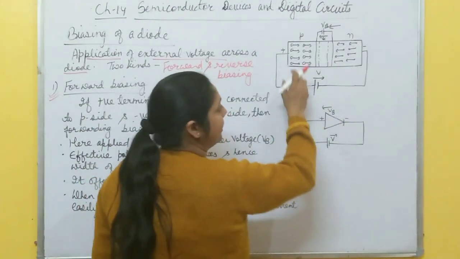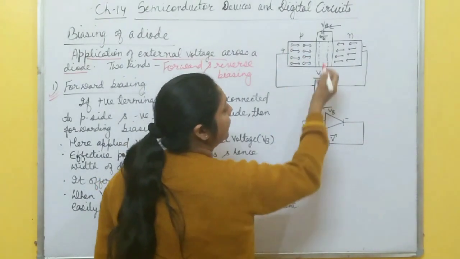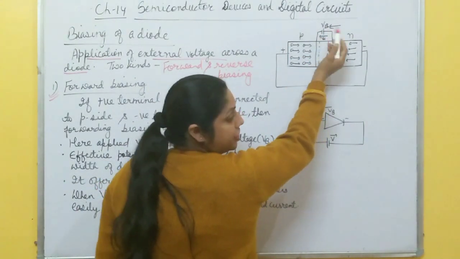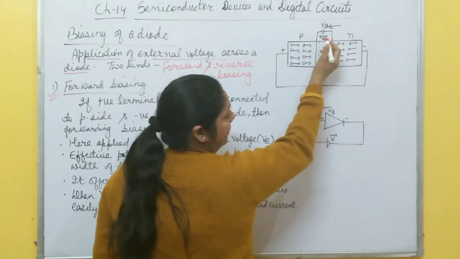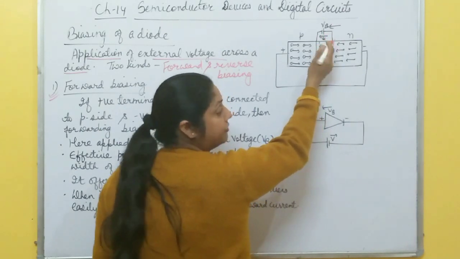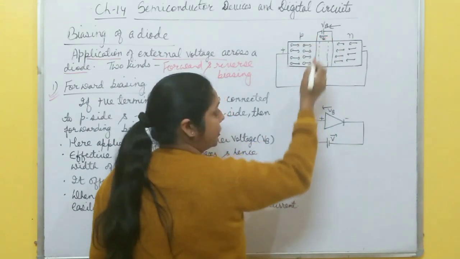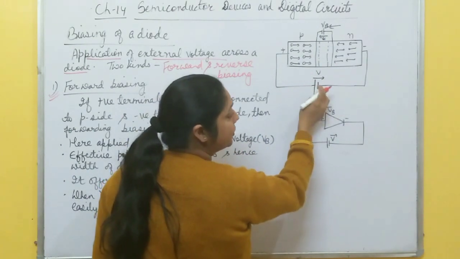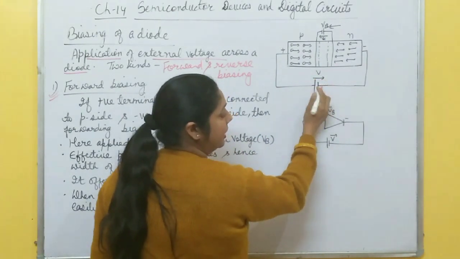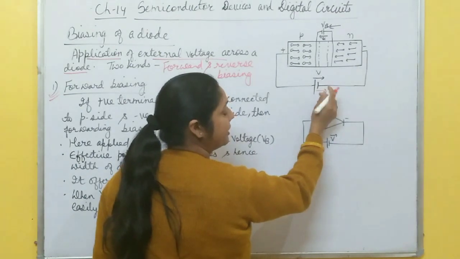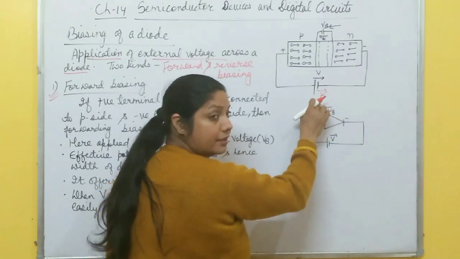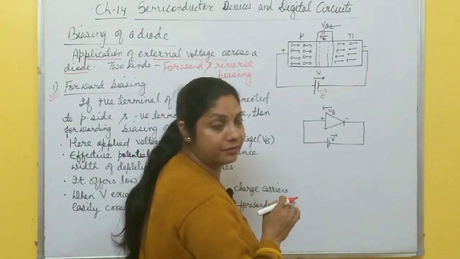Now, what is the advantage of this type of biasing? You know, the barrier potential is in this direction right now, and the internal field is also in this direction, and this external voltage is in this direction. The external field is also in this direction. It means this external field is in the opposite direction of the internal field.